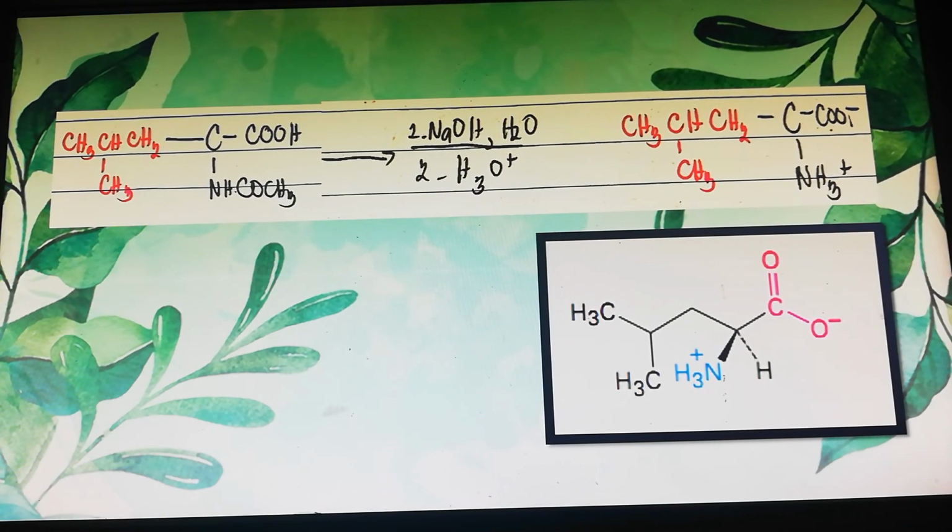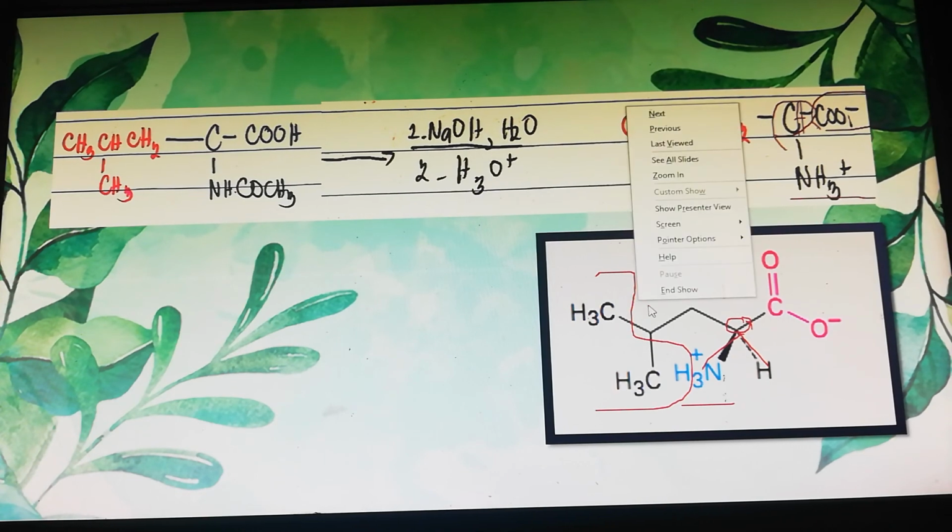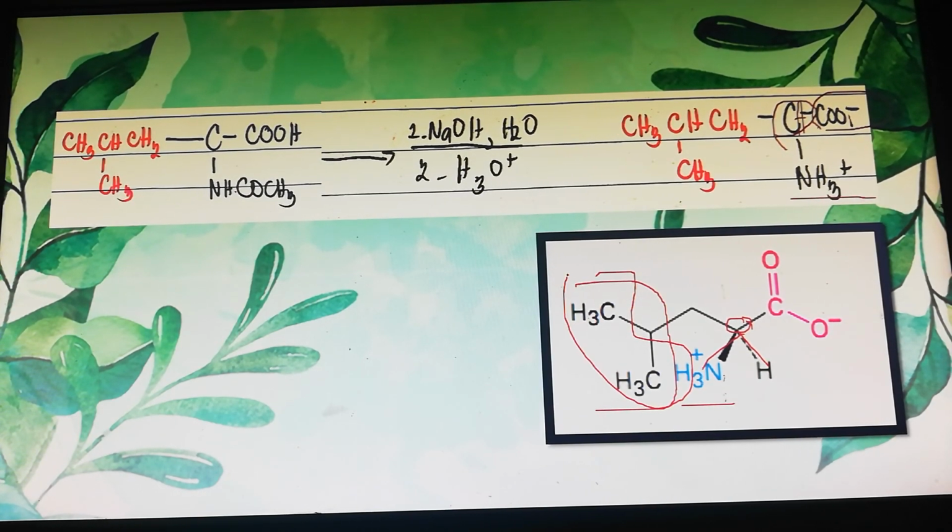Here is our chiral center, and it should have an H. This is its side chain. So we had the correct process for the enantioselective synthesis of leucine.